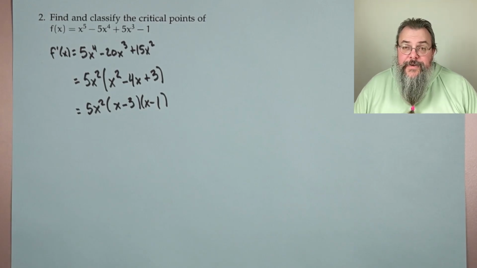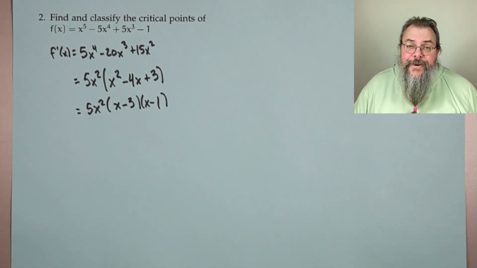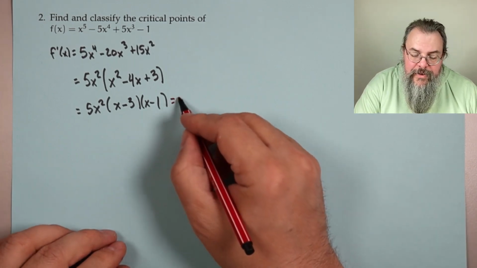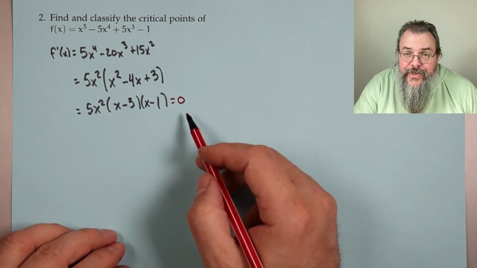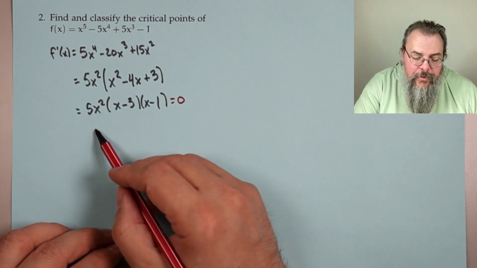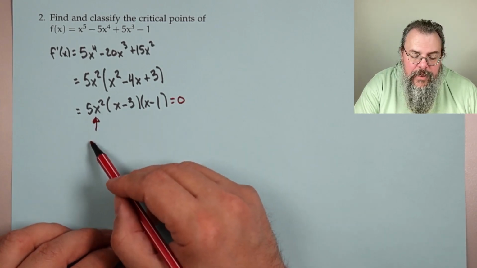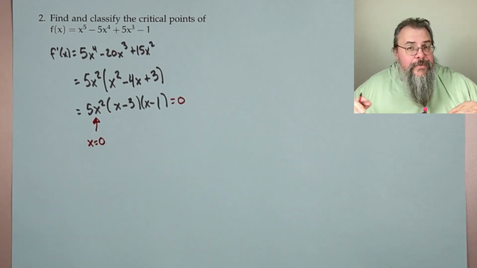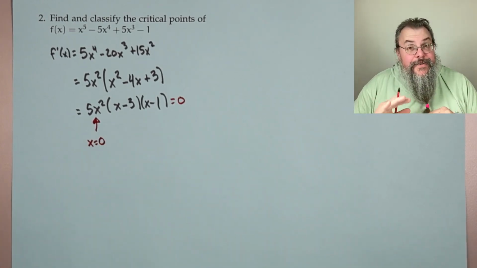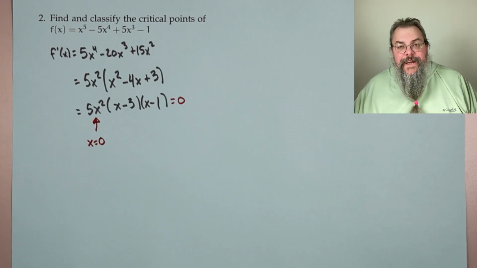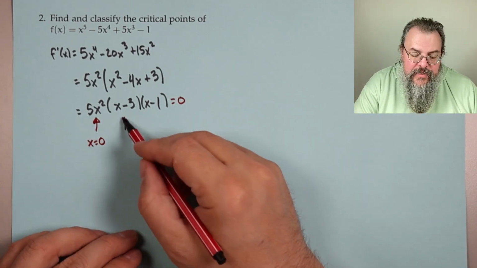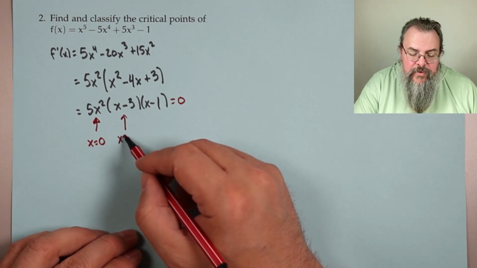All right, so now what do we do? We found our derivative, and this will tell us something about our critical points. Our critical points are coming when we get zeros. And when we have multiplication, where are our zeros? The 5 definitely isn't causing a 0. x squared could be 0 at x equals 0. x minus 3 could be 0 at x equals 3.